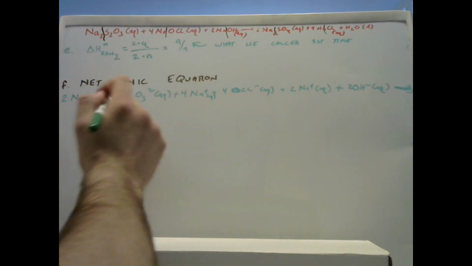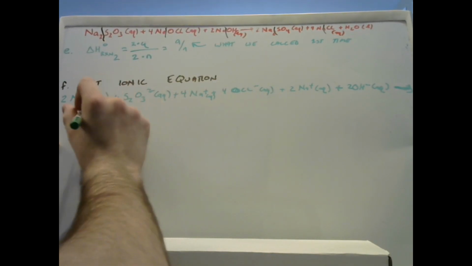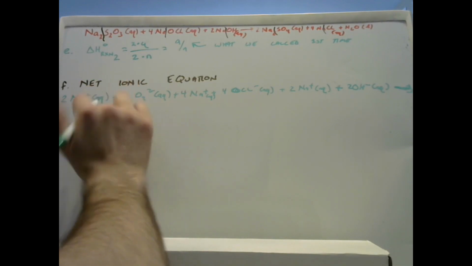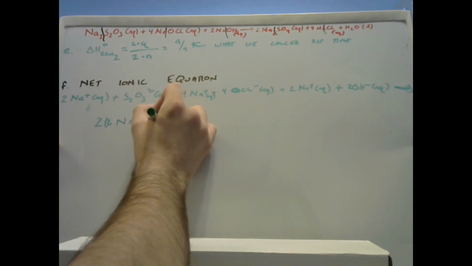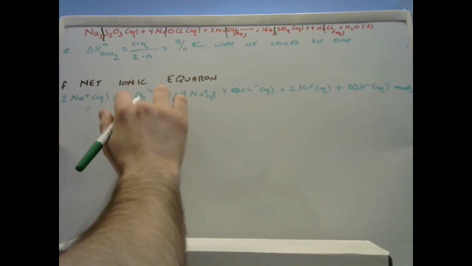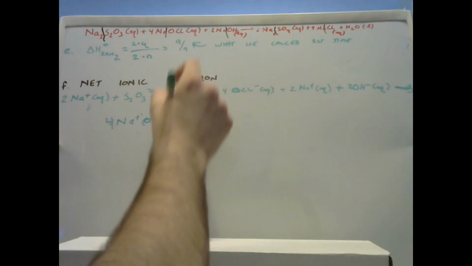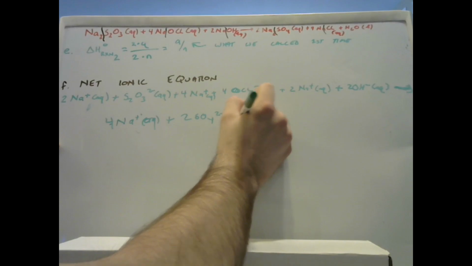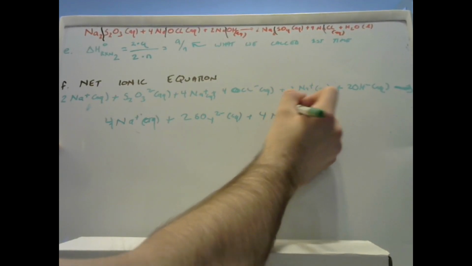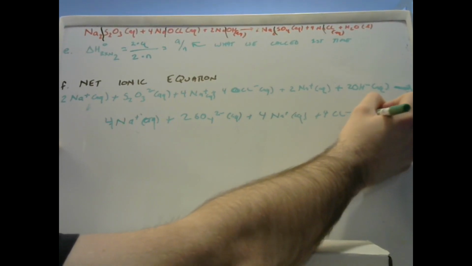Next, do the same thing on the product side. 2 times the 2 gives us 4. 2 times 2, which simplifies down to 4 Na plus aq, plus 2 times the number of sulfates we have, SO4 2 minus aq, plus 4 Na plus aq, plus 4 Cl minus aq, plus water.